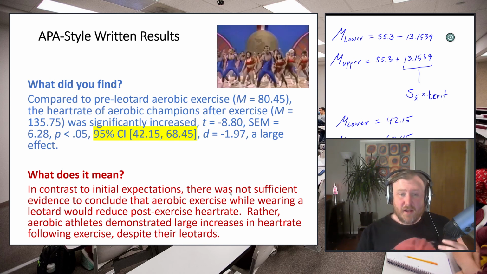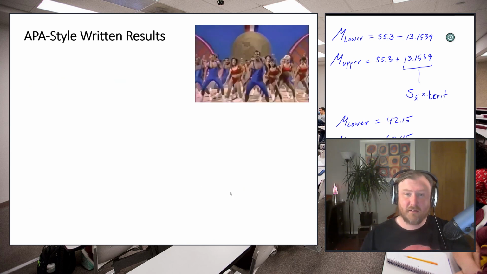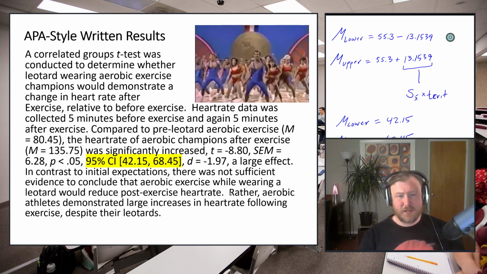So it's really good if this was much more narrow. And one way we can reduce our error is by increasing our sample size, for example, or by evaluating effects that are larger rather than smaller effects. Okay, and so here is the full write-up, including the 95% confidence interval.